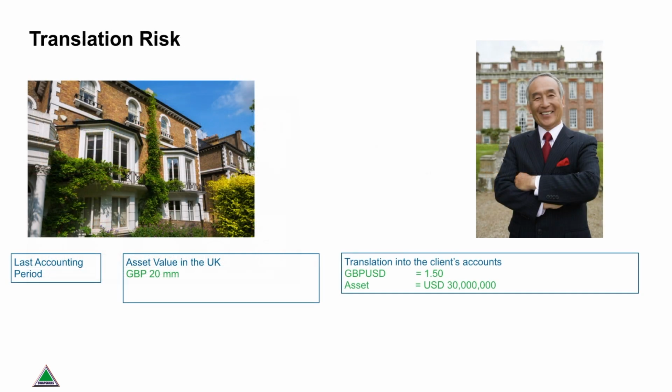Well, let's take a look at John's properties. Imagine he bought property in the UK for £20 million. Now, when he restates these properties back into dollars, for accounting purposes, at the prevailing exchange rate of 1.50, they have a dollar value in his books of $30 million.